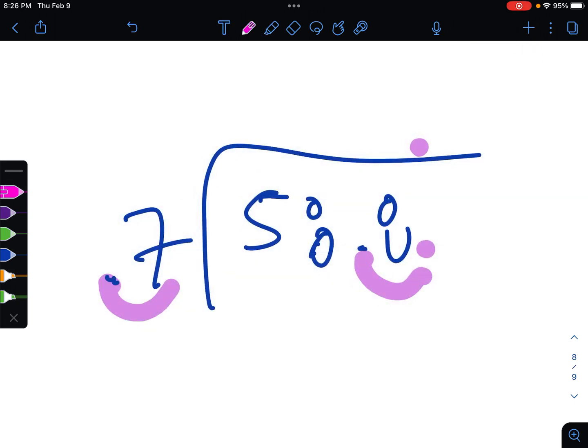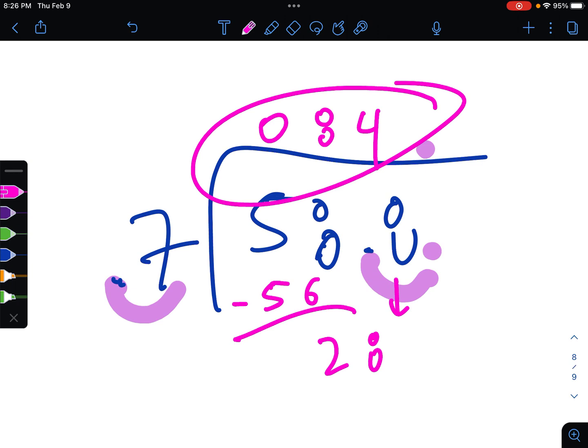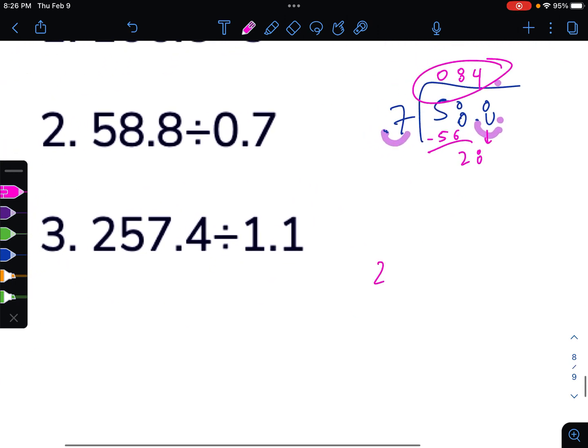Now let's divide. 7 goes into 5 0 times. 7 goes into 58, 7 times 8 is 56. That's pretty close. 58 minus 56 is 2. Drop the 8 down. How many 7s are in 28? There are 4 of them, with no remainder. There is my answer.